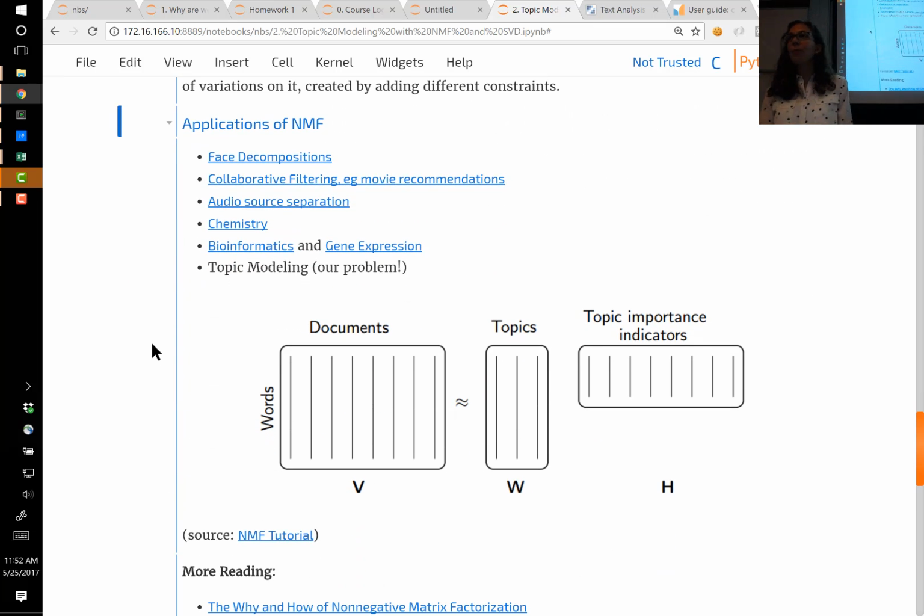Coming back to the problem we're looking at today with topic modeling, we have our original matrix, again words by documents, and here that gets decomposed into matrix W, with words as the rows and topics as the columns, and then topic importance indicators. Here topics would be the rows and their importance would be the columns.